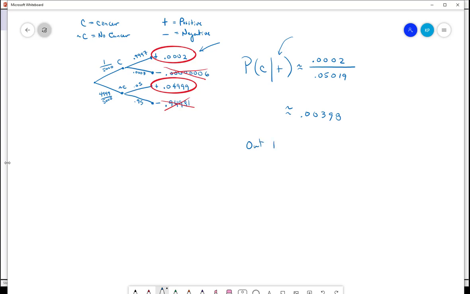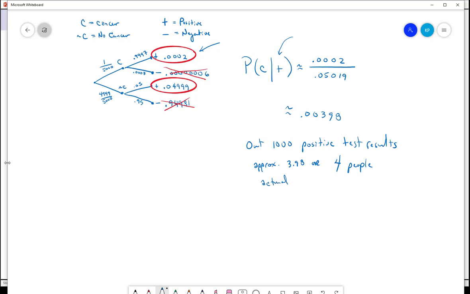So listen to what this is saying. Out of 1,000 positive test results, our probability shows approximately 3.98, or, of course, these are people, so we're going to say approximately 4 people actually have the cancer, okay?